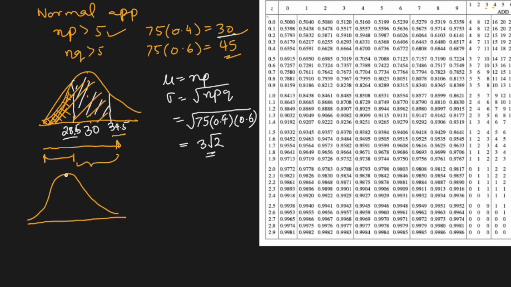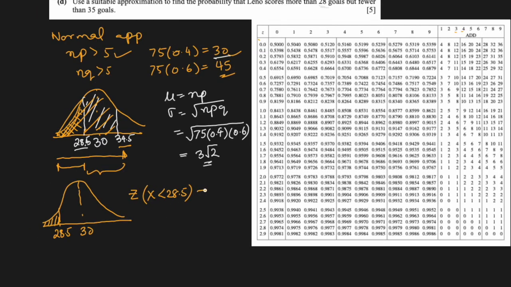So this is 30, this is 28.5, and I need to find this probability. For this probability, I need to know the z score. X is less than 28.5, and this will be 28.5 minus 30 divided by the standard deviation 3 square root 2.